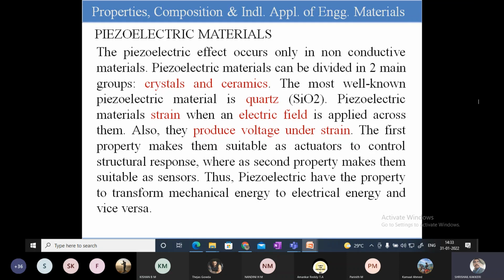The second one is that it can be used as a sensor. A sensor is a device which identifies one thing and converts it into another form. So this can be used as a sensor and as an actuator also.